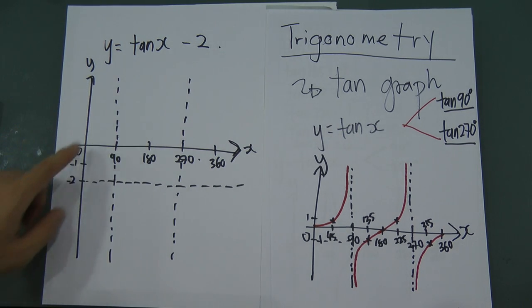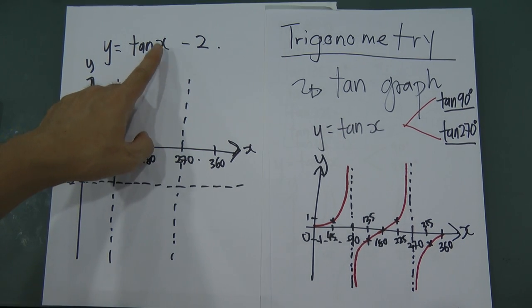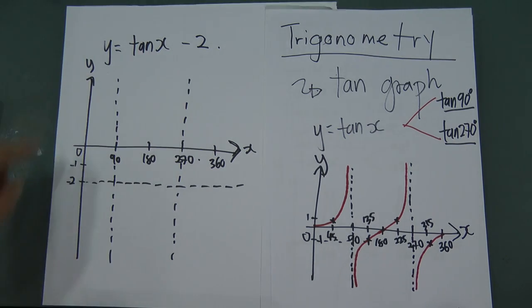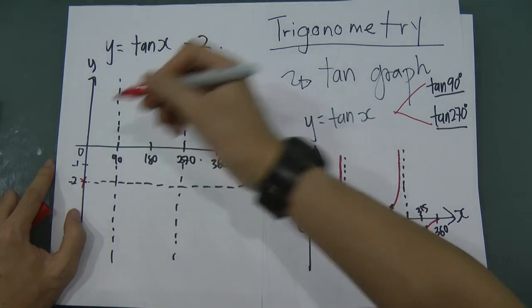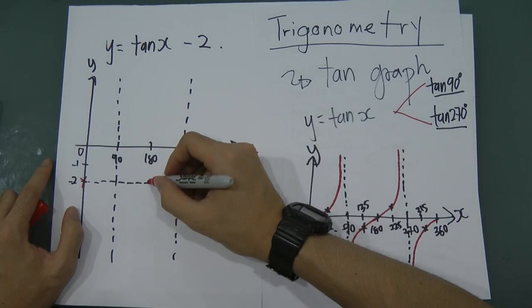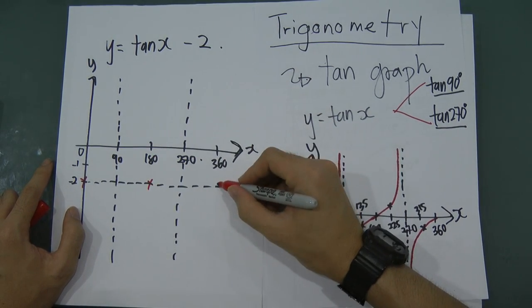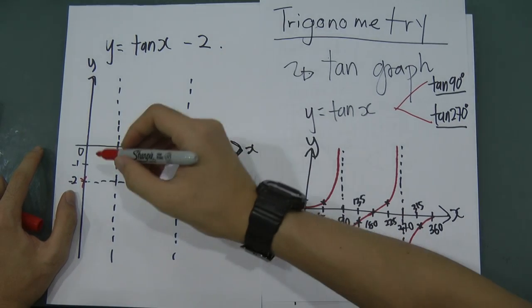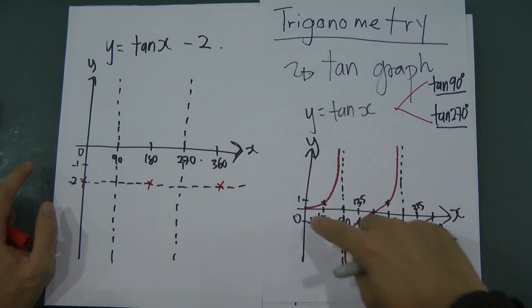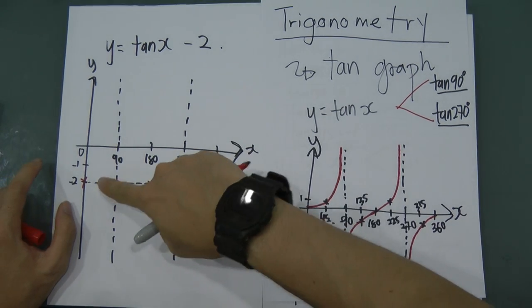For example, tangent 0 gives 0, but 0 minus 2, now I will add negative 2. So 180 will have negative 2, 360 will add negative 2. So my graph will look like this. Imagine now this line becomes the negative 2 line.